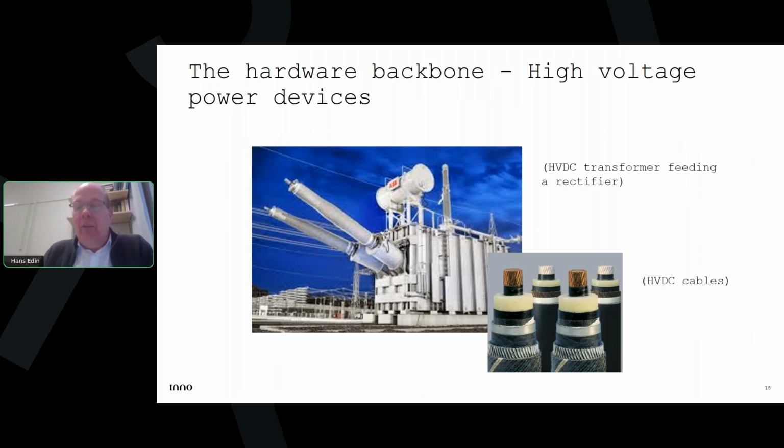But still, even if we have a lot of fancy modern technologies, the backbone in the power grid is still very highly reliable power technologies.